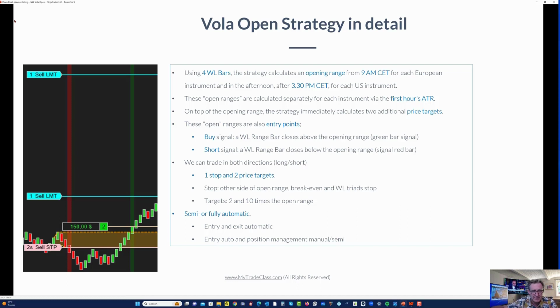For people in Scandinavia, it's the same; Greece is already an hour later, and in the UK it's an hour earlier. The European Open is 9 a.m. Central European time. The US Open is 3:30 p.m. Central European time. You look at your own time zone, and that is what the strategy will be set at.